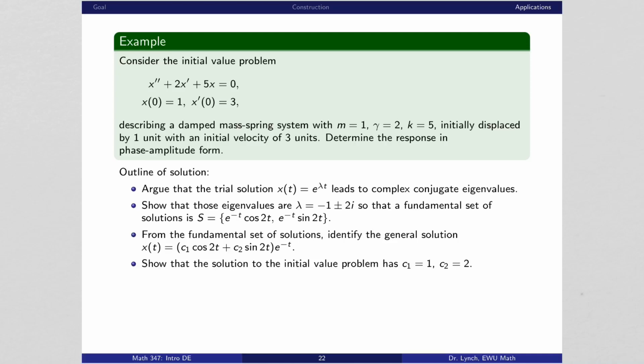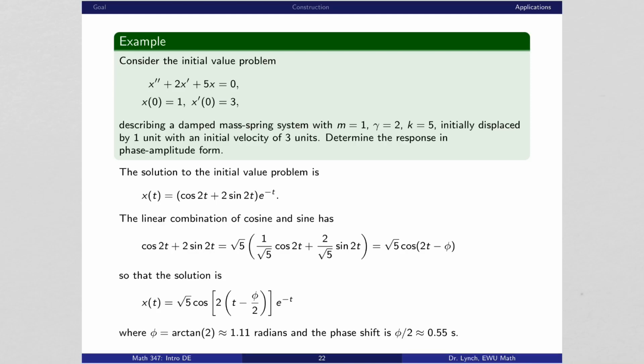Finally, we can show that the solution to the initial value problem has C1 equal to 1 and C2 equal to 2. Okay, so here is that solution to the initial value problem with C1 equal to 1 and C2 equal to 2, from which we can express the linear combination of cosine and sine as the square root of 5 times the cosine of 2t minus phi, where again phi is given by the arctangent of 2.